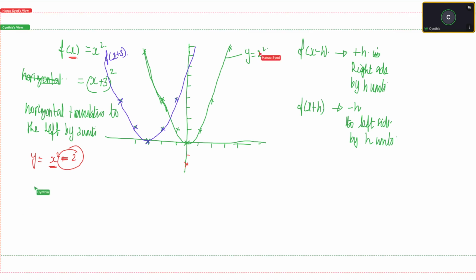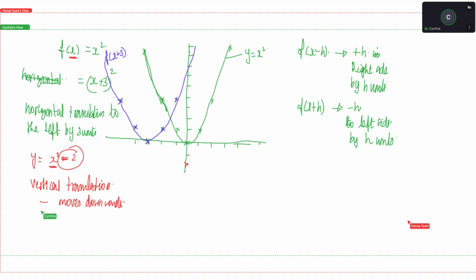Negative 2 units means it will move down by 2. Vertical translation: negative means moves down, positive means moves upwards.